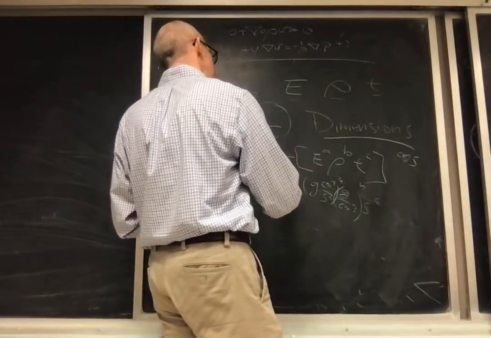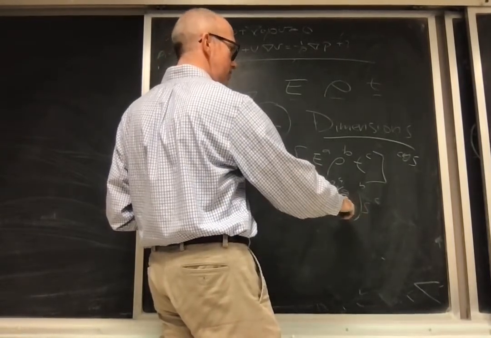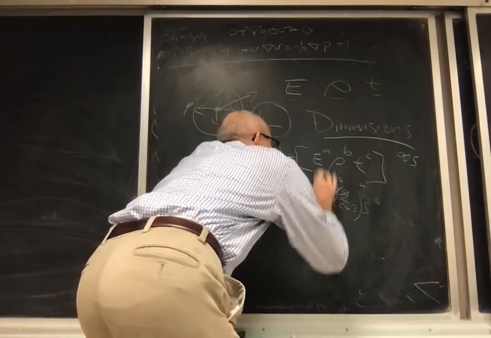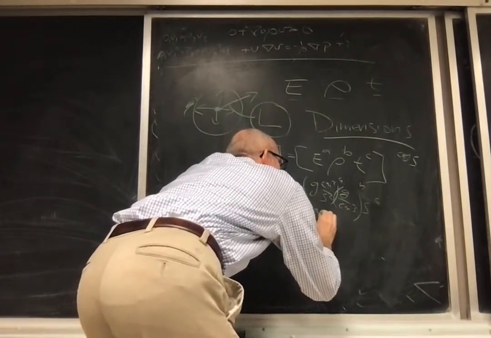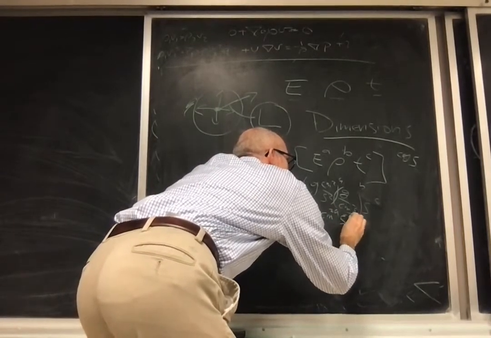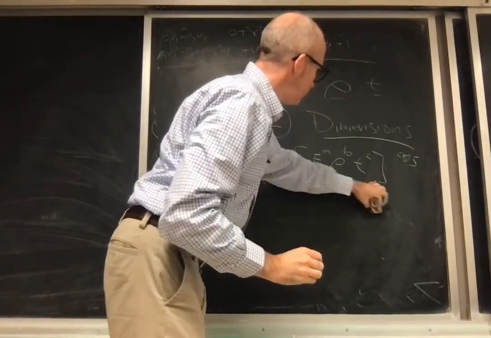So on the left-hand side, I have centimeters to the 1. On the right-hand side, I have centimeters to the, oh, this is a mess. Let's clean this up a bit. Let's do it again. From the E, I get grams to the A, centimeters to the 2A, seconds to the minus 2A. Let's do that a little bit more cleanly.